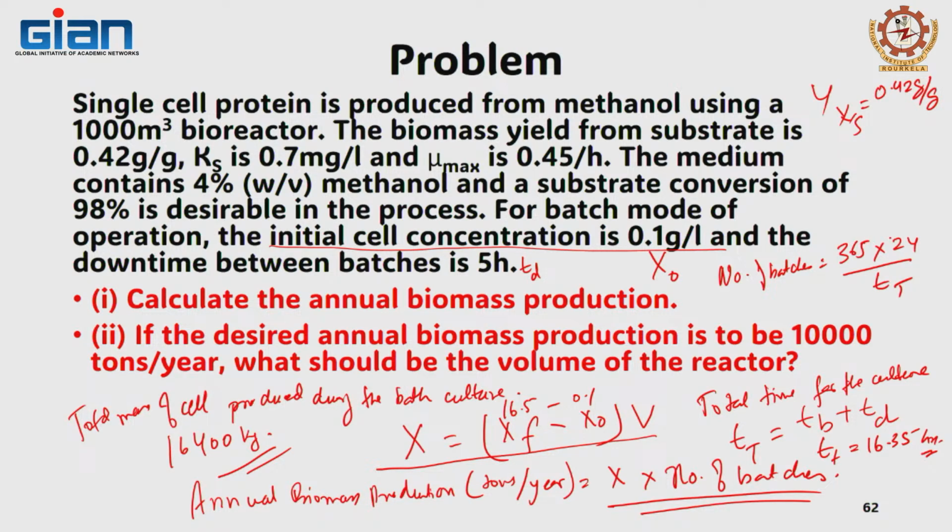So, now 365 into 24 divided by 16.35 will give me 536 batches, and I know my X, I know my number of batches, that will give me around 8,790.4 tons per year. This is how we use these equations.